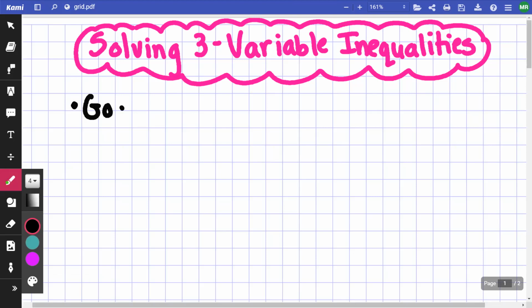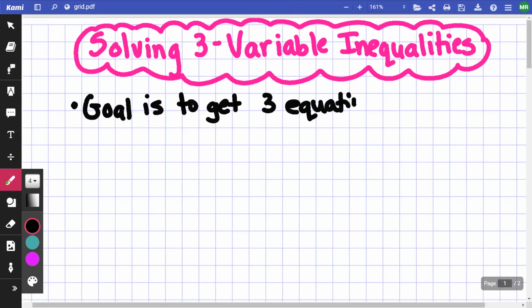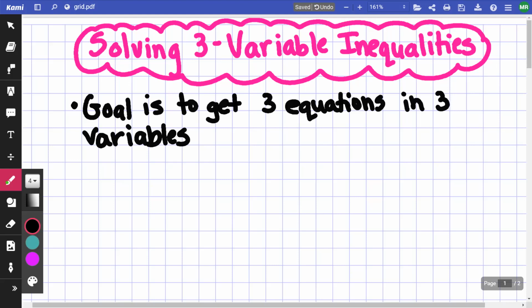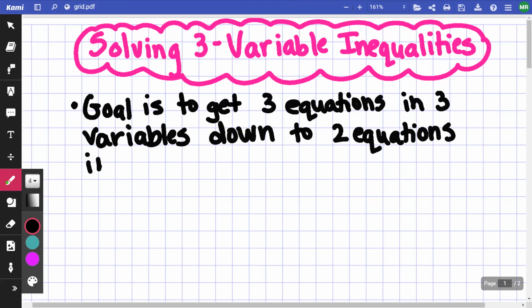So our goal is to get 3 equations in 3 variables down to 2 equations in 2 variables. Then solve that system as we normally do.